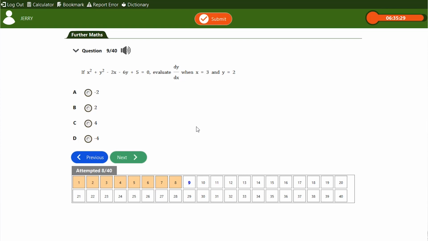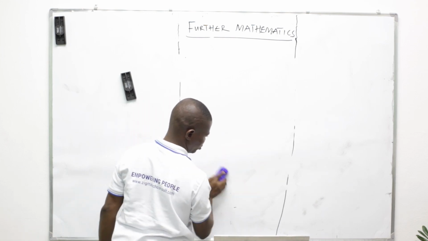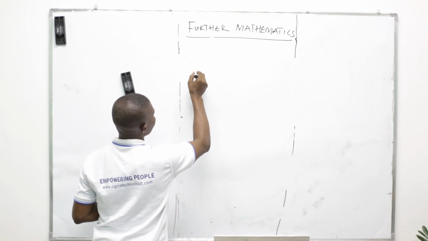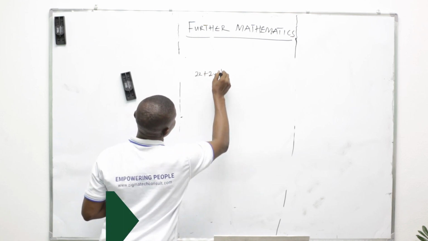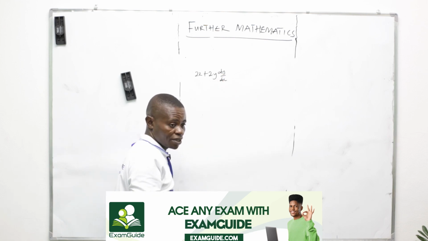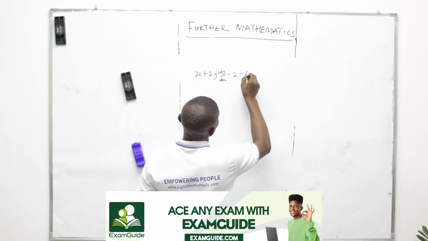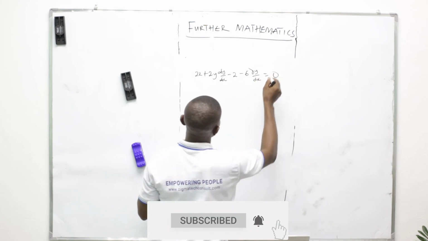This is an implicit function, so we need implicit differentiation. We have 2s plus 2y dy/ds, since whenever you differentiate y you must have dy/ds, minus 6 dy/ds. A constant is 0 in differentiation.